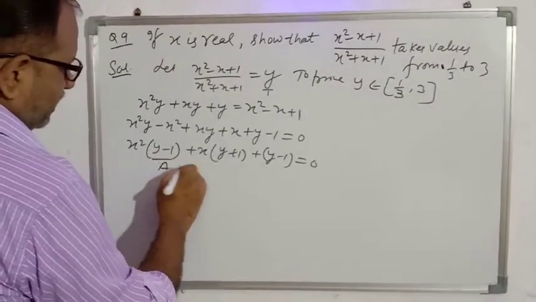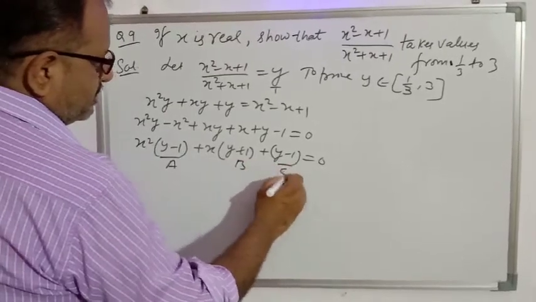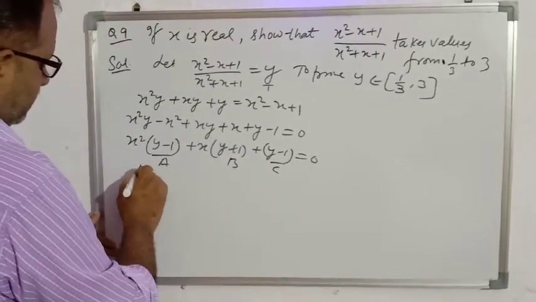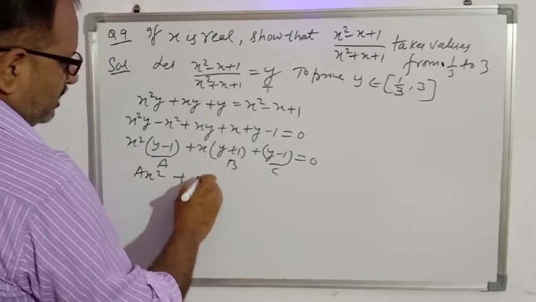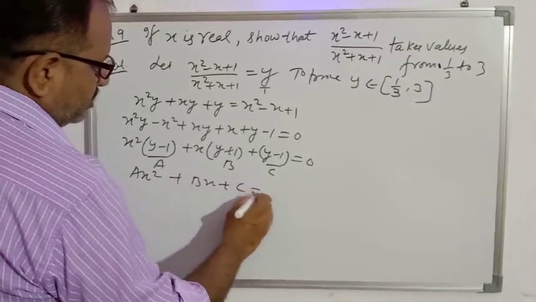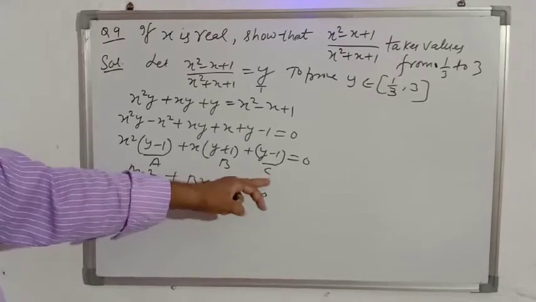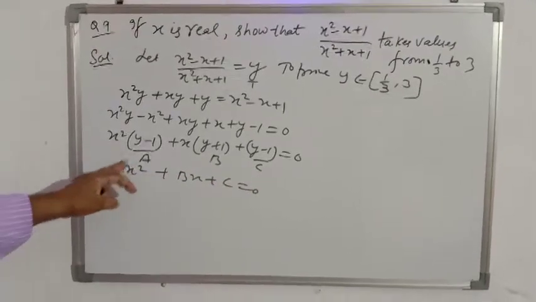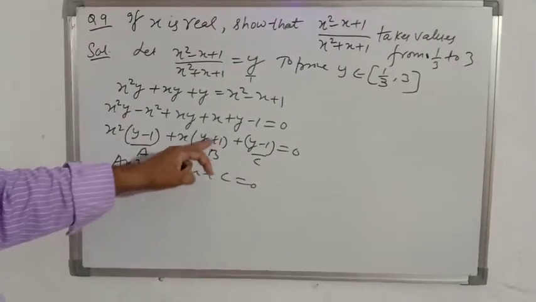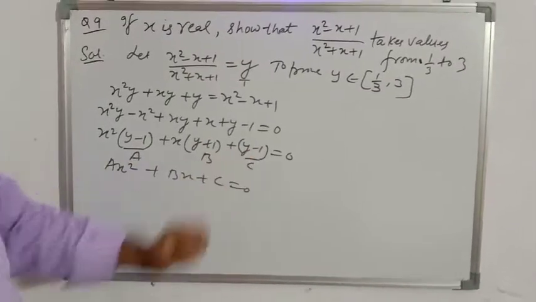If this is a, this one is b, this is c, we can write ax square plus bx plus c is equal to 0. So it is a quadratic equation in x where a is y minus 1, b is y plus 1 and c is y minus 1.